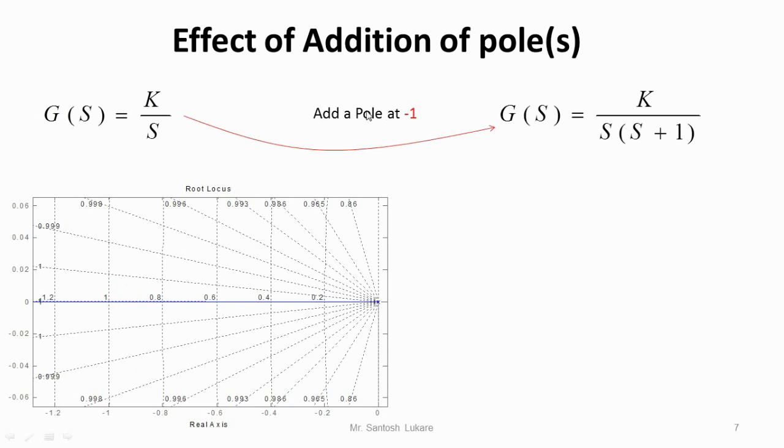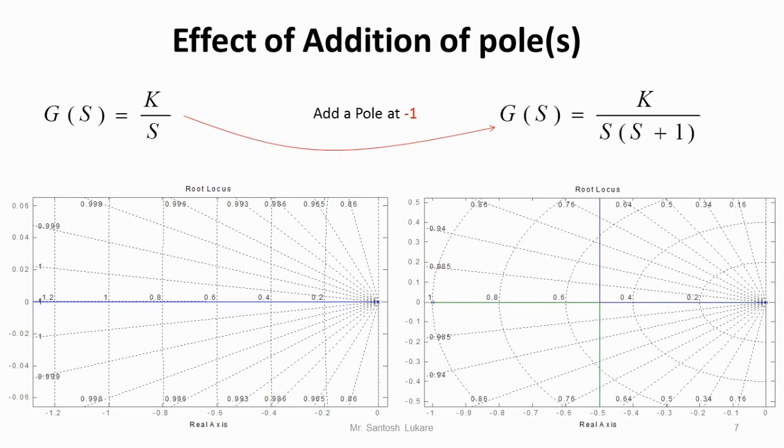Now if we add one pole at -1, then my modified system becomes G(s) = K/(s(s+1)). Again K is the open loop gain, and right now we have two poles. One pole is at the origin as in the original system, and the second pole is at -1. For this second order system, the root locus is as shown in the figure.